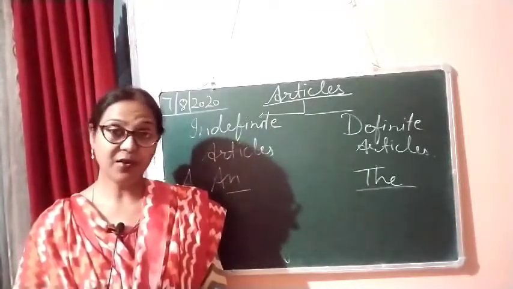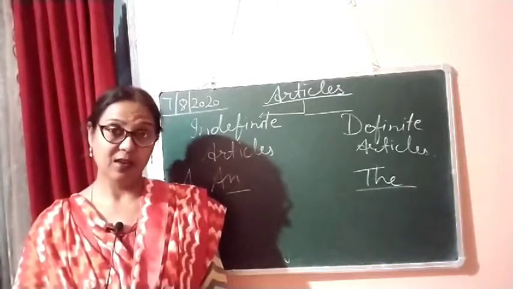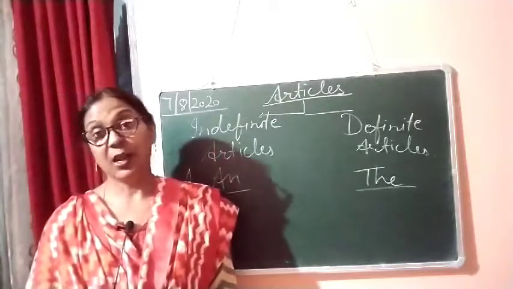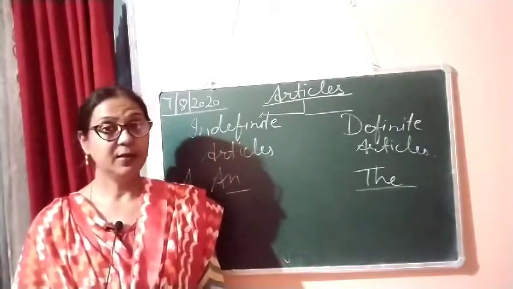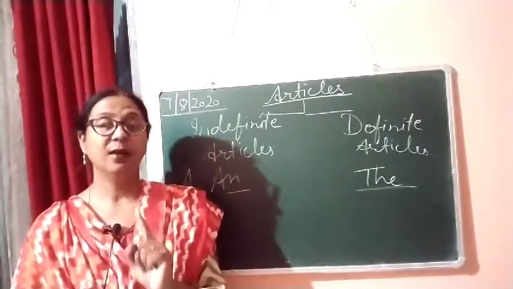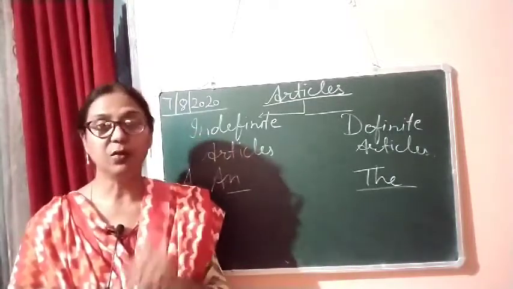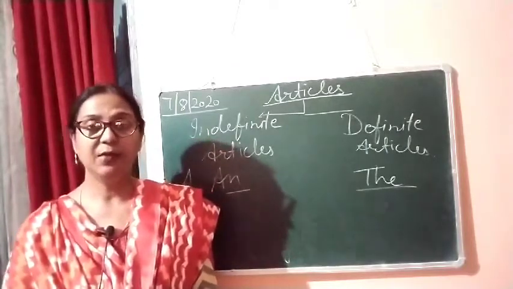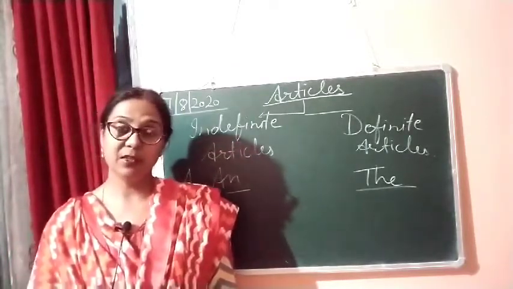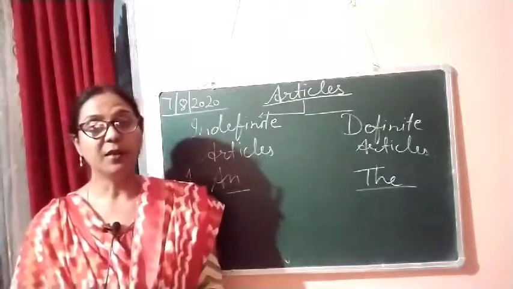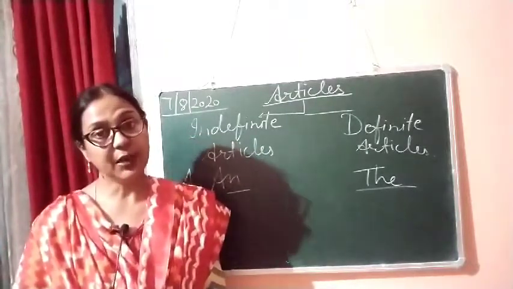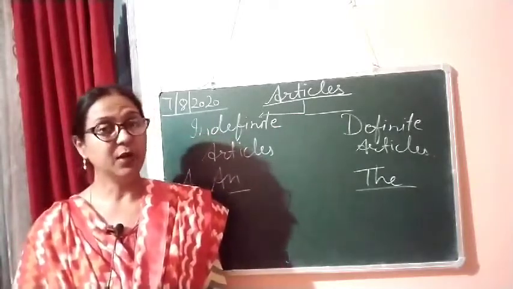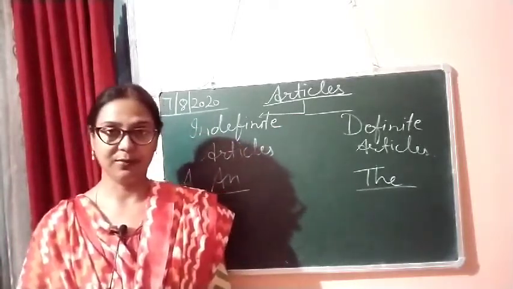It is not required that any vowel letter has a vowel sound, it is not necessary. We should always keep this in mind: we just pronounce the word, then we are able to recognize which type of sound is coming from the word. And then we use an there.